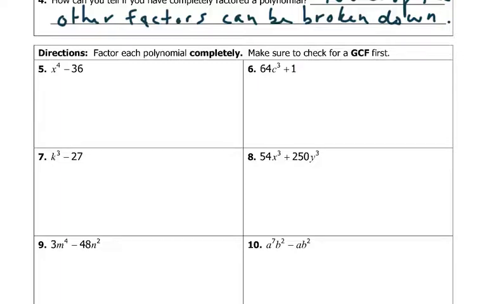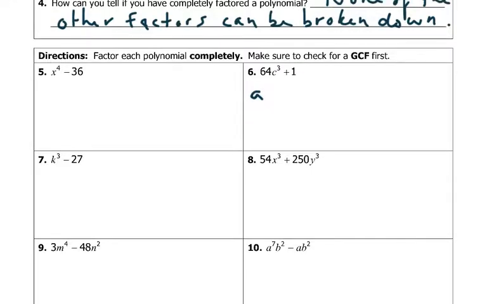So looking at this first one, we have a difference of cubes, or excuse me, a sum of cubes. So two perfect cubes on either side, separated by addition. So A cubed equals 64C cubed.